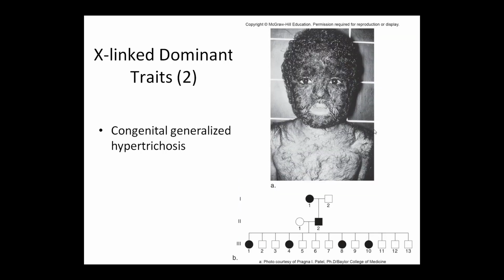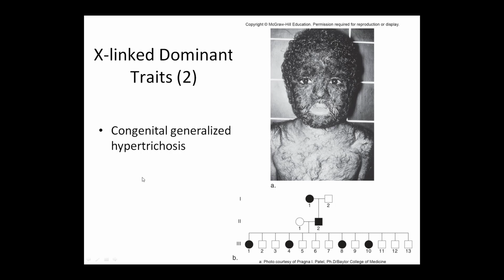Another example of an X-linked dominant trait is congenital generalized hypertrichosis. In the past, they used to refer to women with this condition as a bearded lady.